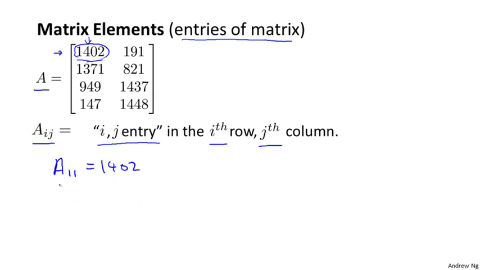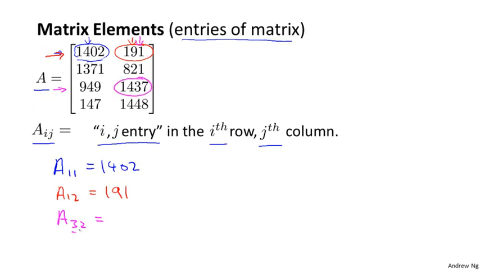Another example: A12 refers to the entry in the first row and the second column, and so A12 is equal to 191. Just a couple more quick examples. A32 refers to the entry in the third row and the second column, right?